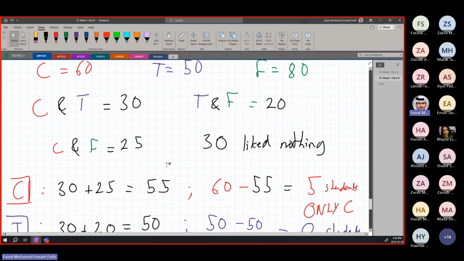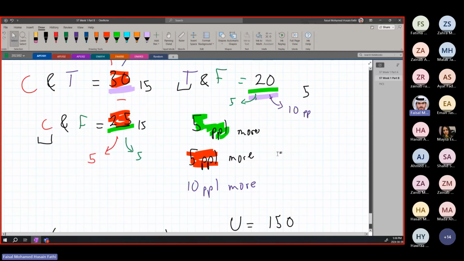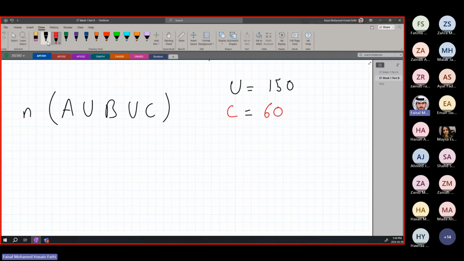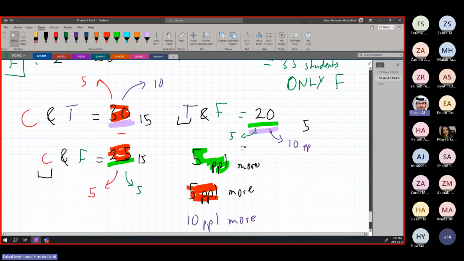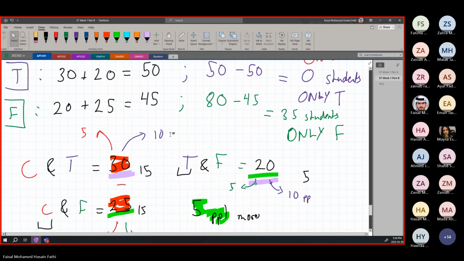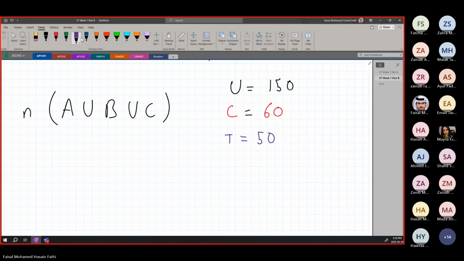And as we know here, the total number of students that like cricket is 60 students. And T, a total of 50 students like tennis. And where is it?